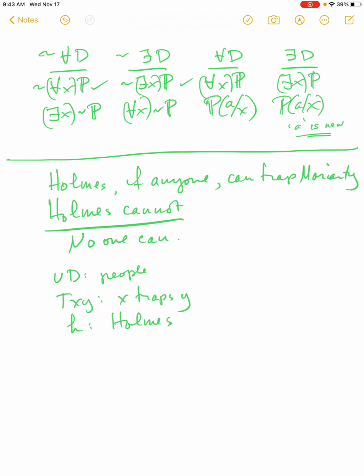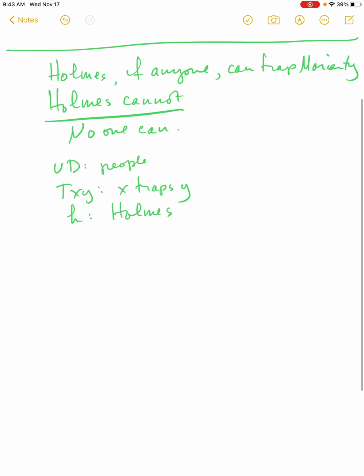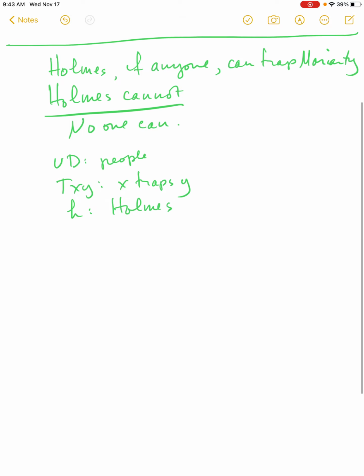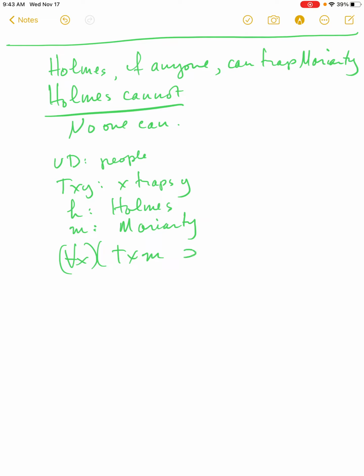And there are actually 2 ways in which we can translate that. This is an example of that funny equivalence on page 302. It could be for all x, if x can trap, oops, we also need another constant for Moriarty. For all x, if x can trap Moriarty, then Holmes can trap Moriarty.